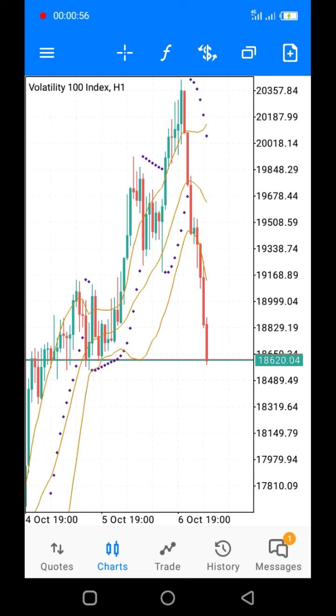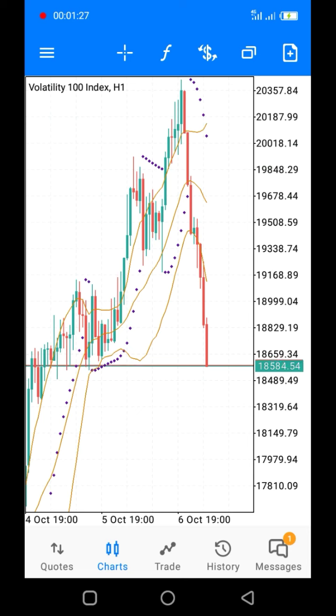But this morning, I want to share with you on V100 to affirm that the strategy works on all the assets. If you check out different platforms on Binary, you see people comment that, oh, V100 is difficult to trade, V10 is difficult to trade, the velocity, blah, blah, blah.